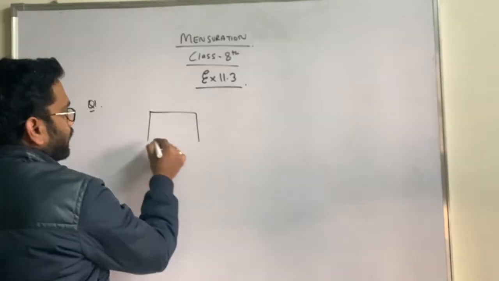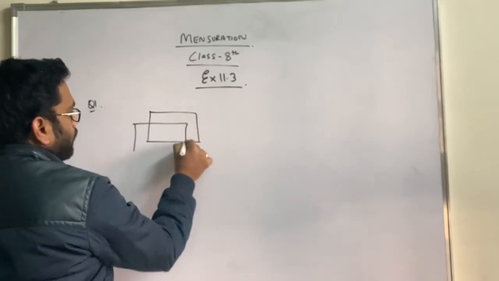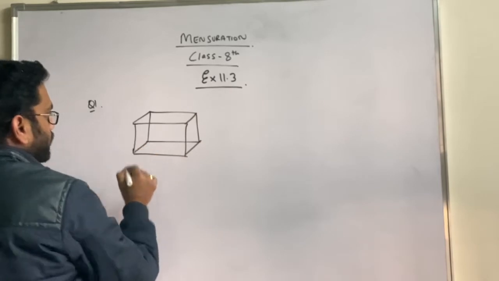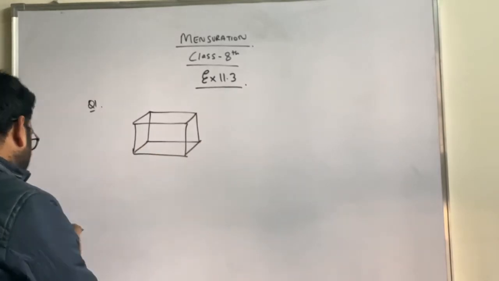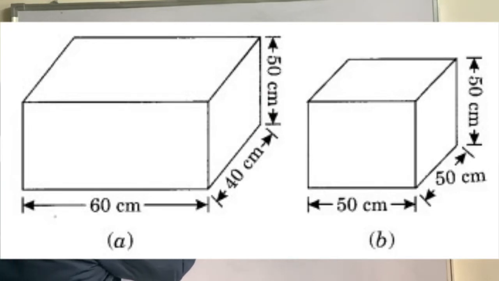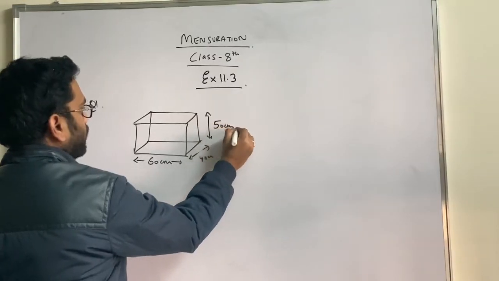In the first question, there are two cuboidal boxes. The measurements given are 60 centimeter, 40 centimeter, and the height is 50 centimeter.